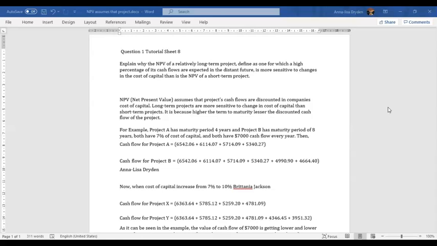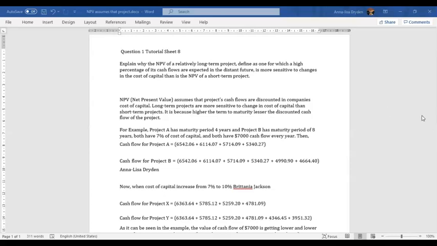So this is the working out. The cash flow for project A would be $6,542.06 plus $6,114.07 plus $5,714.09 plus $5,340.27.